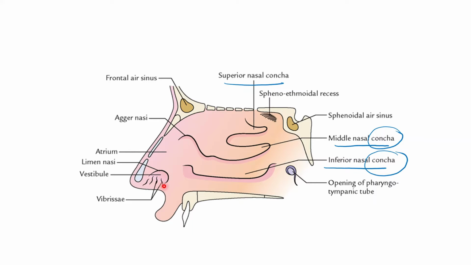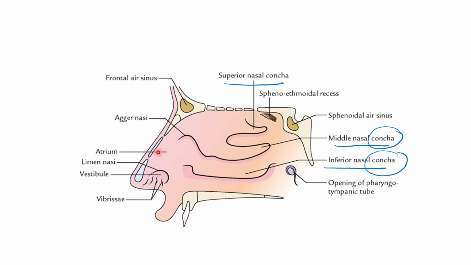This vestibule, which is seen in front of the inferior meatus, is cutaneous, that is, it is lined by the skin containing hair. The area in front of the middle meatus is covered by the mucous membrane and it is termed the atrium.